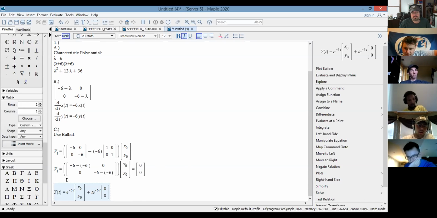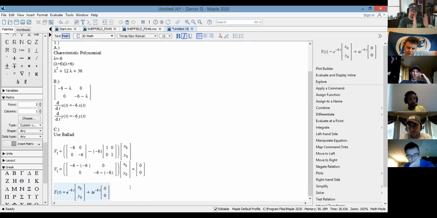So our final equation would be y of t equals e to the negative 6t times x of 0, y of 0, and then plus t e to the negative 6t, which is a key part of how the ballot works with the extra t out front, times 0, 0, which technically wouldn't exist. Yeah, it doesn't do anything to the solution. And so for the general solution, you'd only need the first part of it.